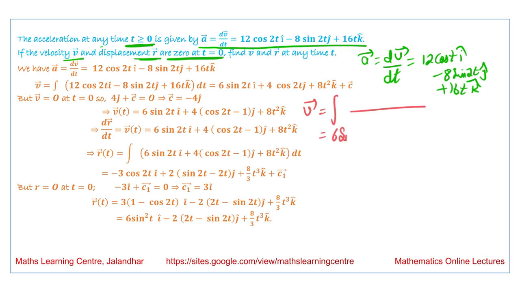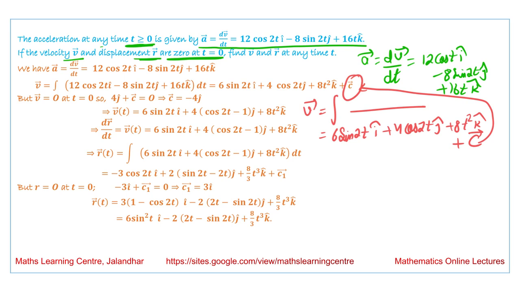On integrating the whole equation, we get 6 sin 2t i cap plus 4 cos 2t j cap, and last we have plus 8t square k cap, and the constant of integration will be there. Here c vector is the constant of integration. Now it is given that at t equal to 0, v is equal to 0 and r is equal to 0.